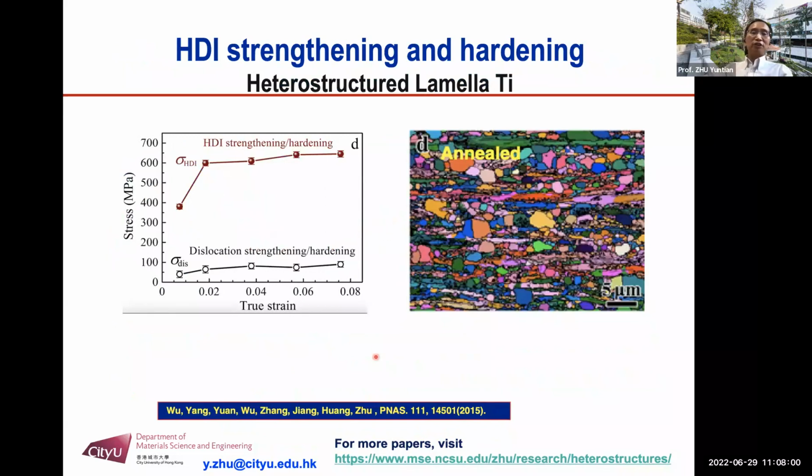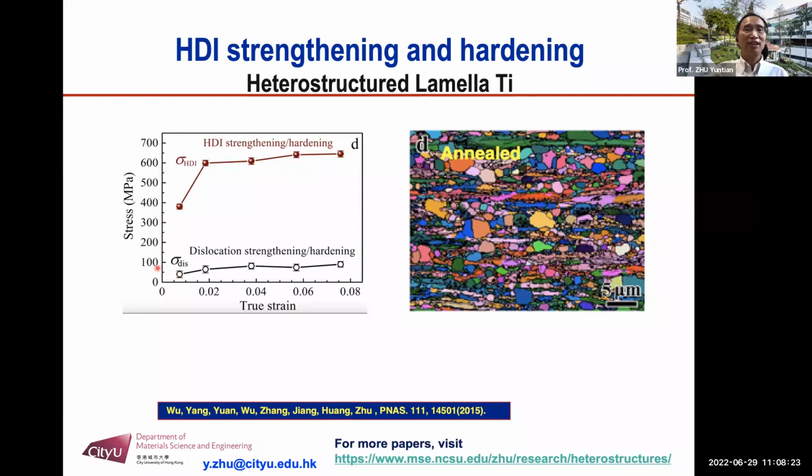Okay. Then last time remember we showed you that hetero-structured laminate titanium gives you this really great property, and this is why. If you look at the measured HDI stress, this is the HDI strengthening from here. So HDI strengthening is about 350 megapascal.